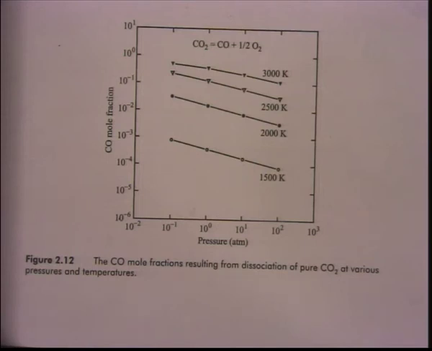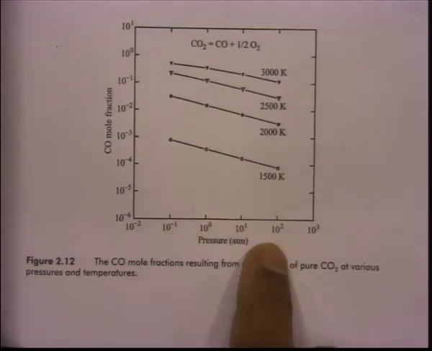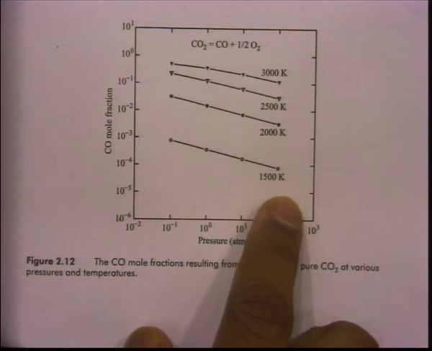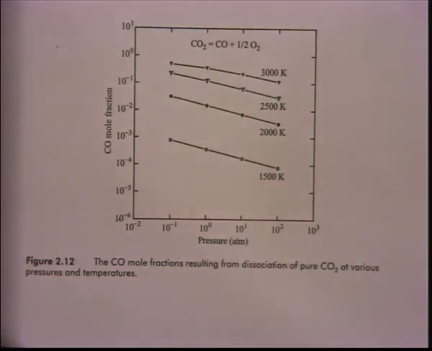So, according to Le Chatelier's principle, if we increase pressure, it will tend to go towards the direction where the number of moles is decreased. Is that happening in this plot? If you increase pressure, if you go in this direction, there is less CO, because if it goes towards more CO, it will have to move towards the right and it will increase the number of moles, which Le Chatelier said is not possible.